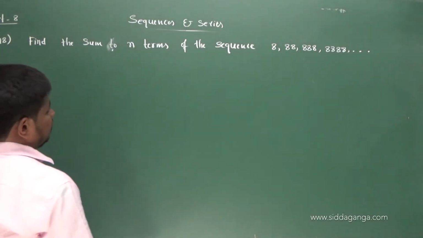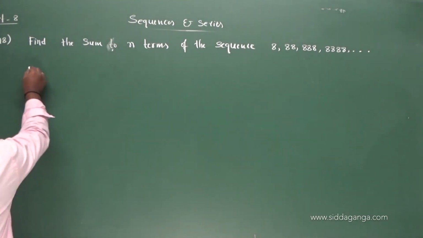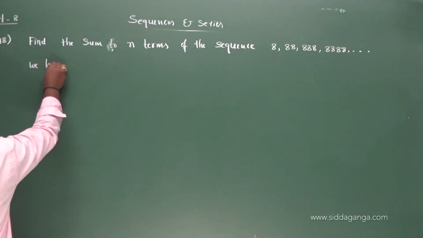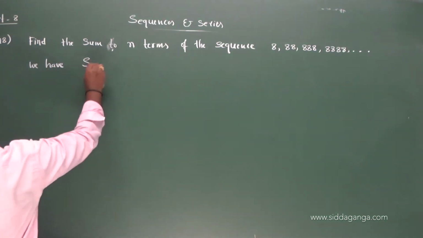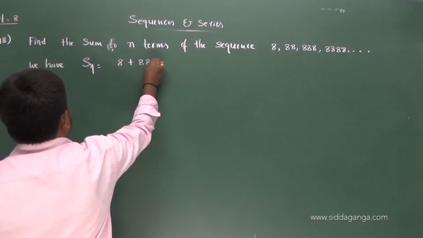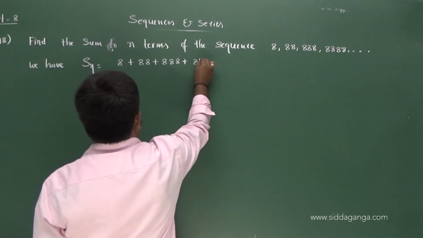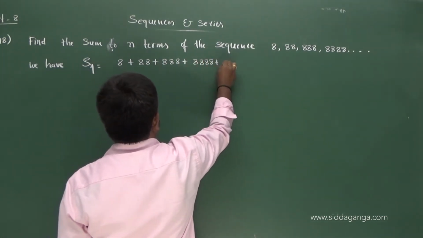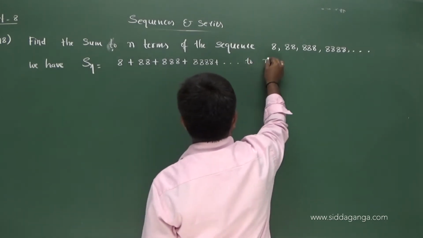Most important for the annual examination. Sn is equal to 8 plus 88 plus 888 plus 8888 plus and so on to n terms.